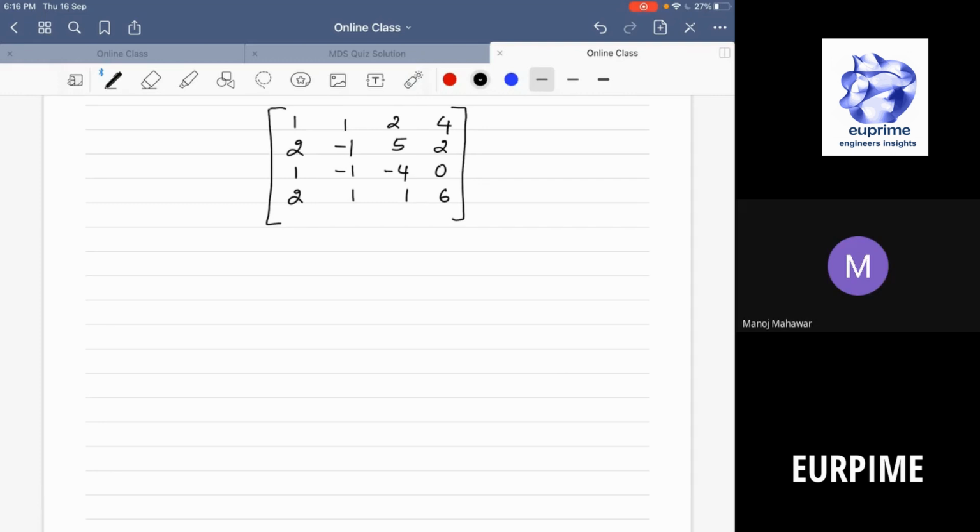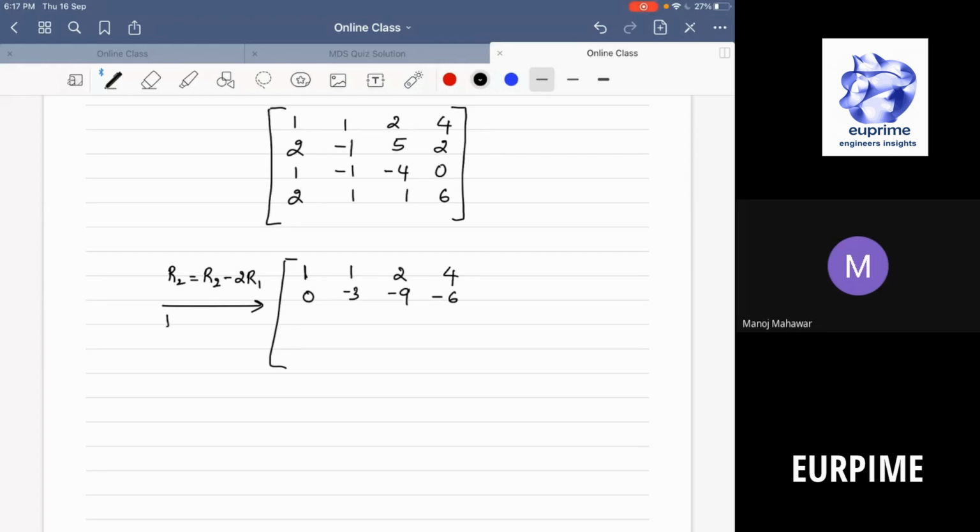If I reduce this matrix, keeping R1 as is and taking R2 as R2 minus 2 times R1, I get 0 minus 3 minus 9 minus 6.